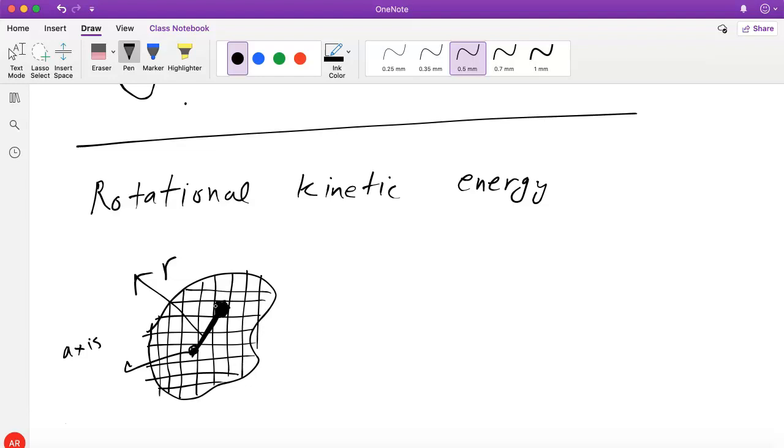Well, it must remain at the same distance r from the axis. Both the axis, like this point here, which is fixed, doesn't move, and this point are points on this rigid object. So their distance does not change. So the only thing it can do is to move along a circular arc. If it goes all the way around, it's moving around the circle.